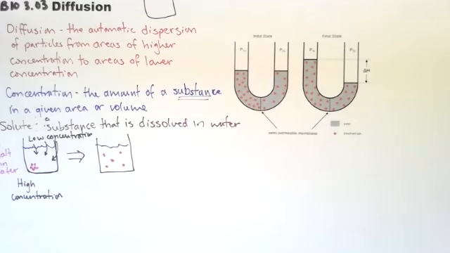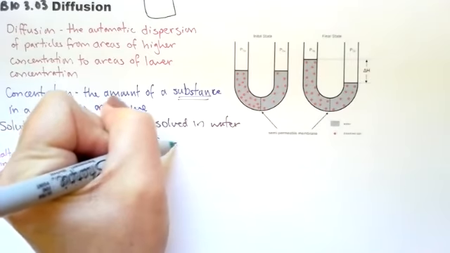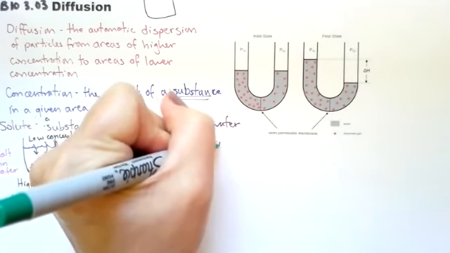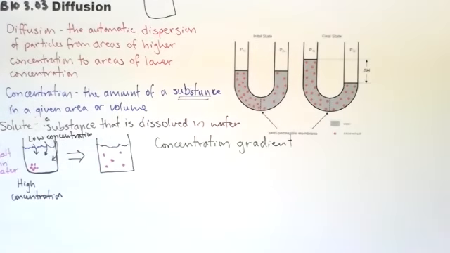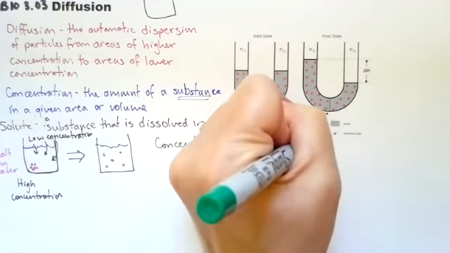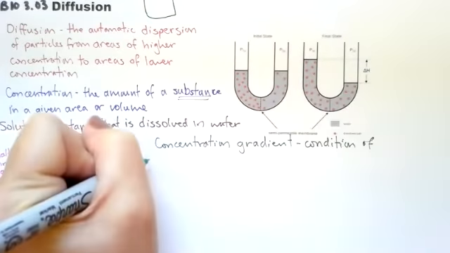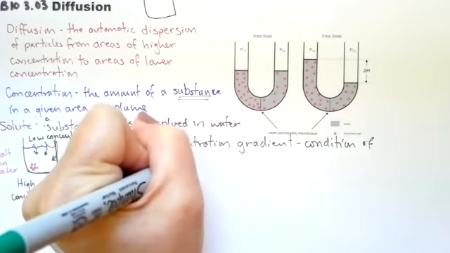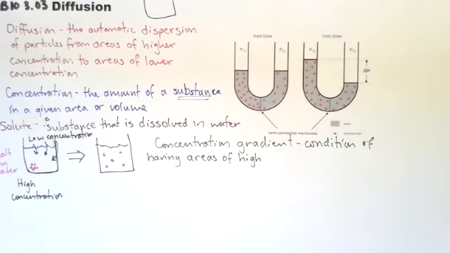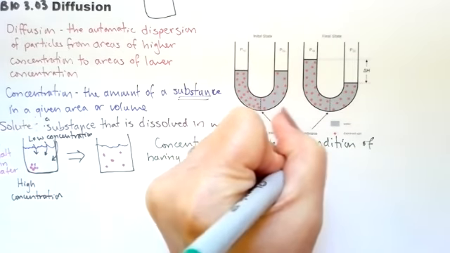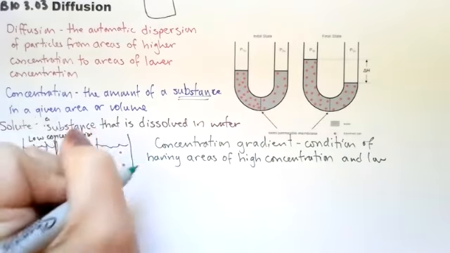So the last term that you're going to learn today, and I don't think we're going to use this diagram at all, I've changed my mind, is concentration gradient. Concentration gradient is the condition of having areas of high concentration and low concentration.